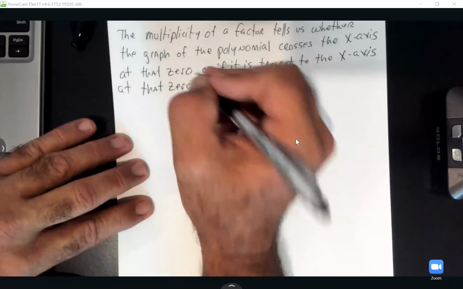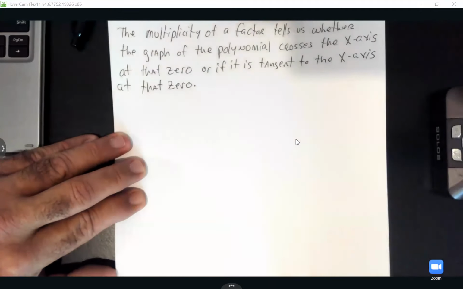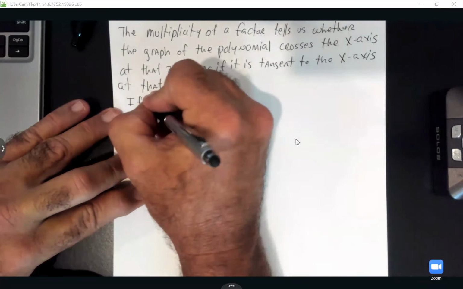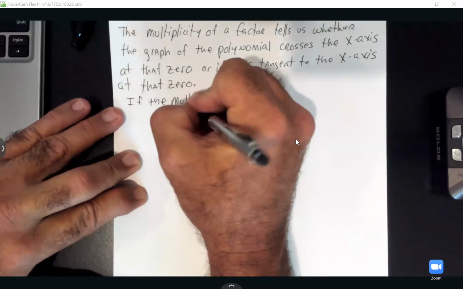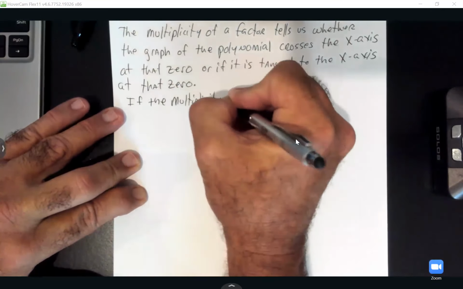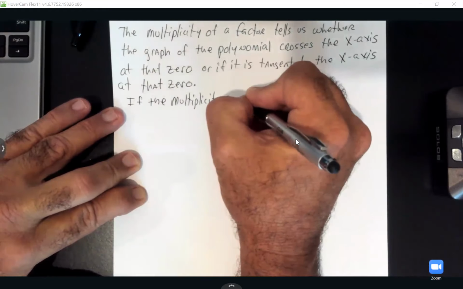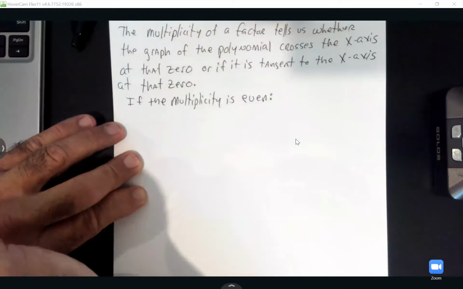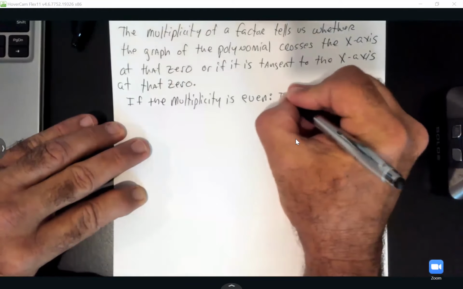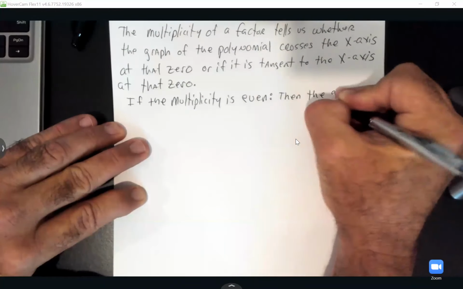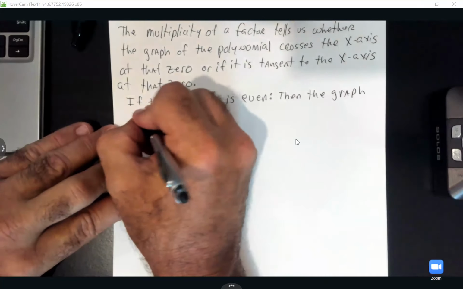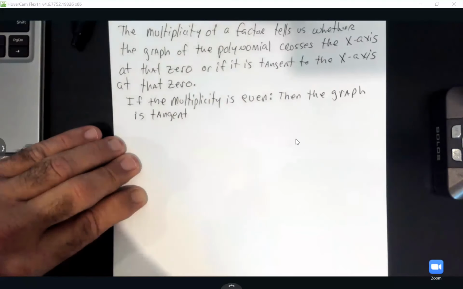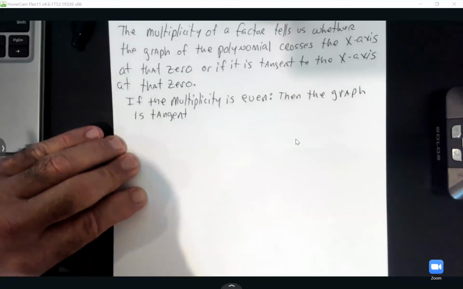So y'all, let me show you what we're talking about here. If the multiplicity is even, if the multiplicity is even at a factor, then the graph is tangent at that 0.